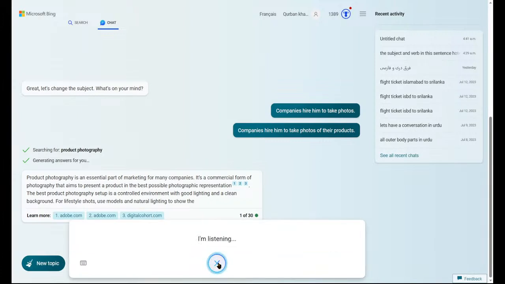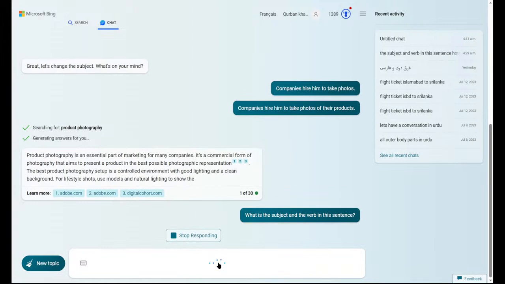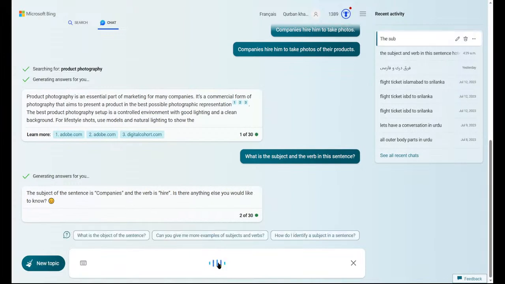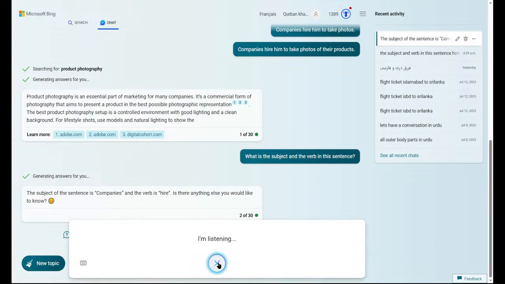What is the subject and the verb in this sentence? The subject of the sentence is companies, and the verb is hire. Is there anything else you would like to know? What about to take? Isn't it a verb?